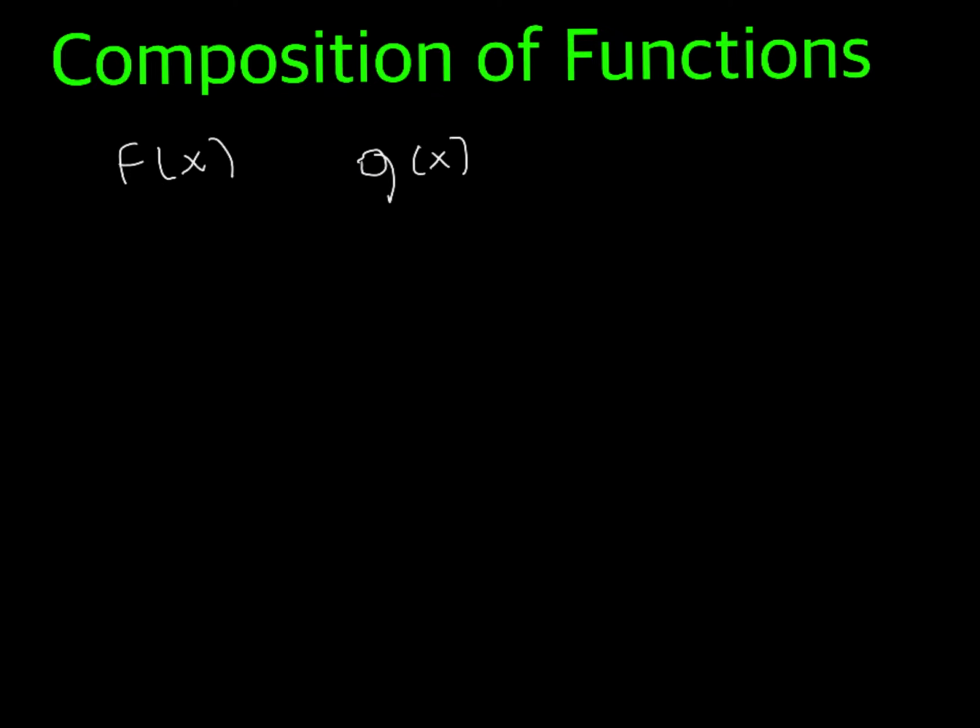Well, usually with f of x, we put x inside of f of x because that's our dummy variable. But what if instead of putting x into f of x, we put g of x into f of x? Well, then we would just have f of g of x.